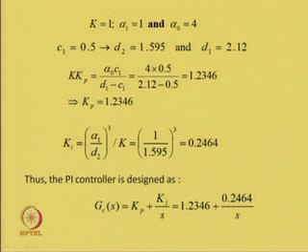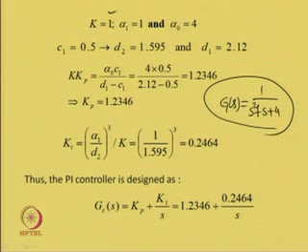So, using k equal to 1, let us assume the process model has the dynamics given by s square plus s plus 4.